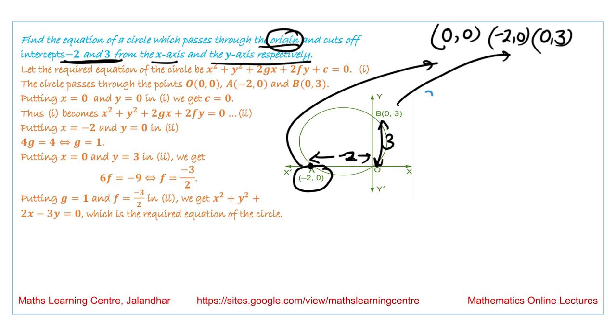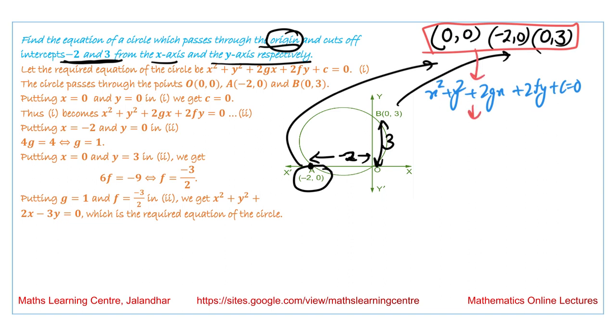So suppose the equation we have is x square plus y square plus 2gx plus 2fy plus c is equal to 0. If we substitute these values in this equation, we obtain 3 equations. When we substitute 0, 0, we obtain c is equal to 0.